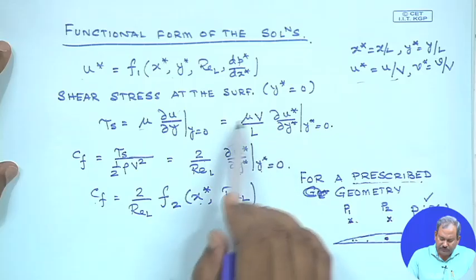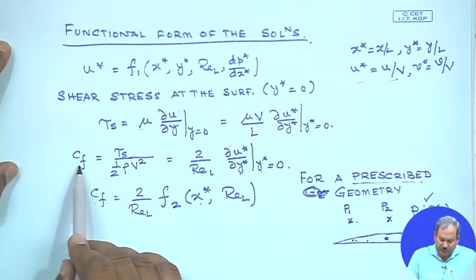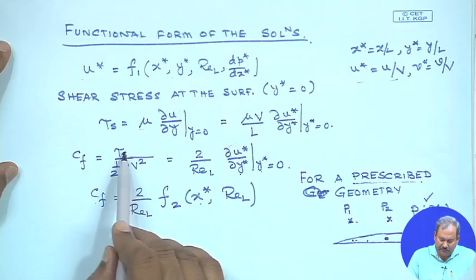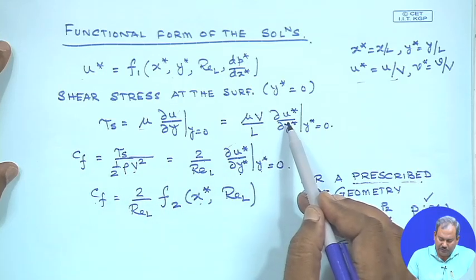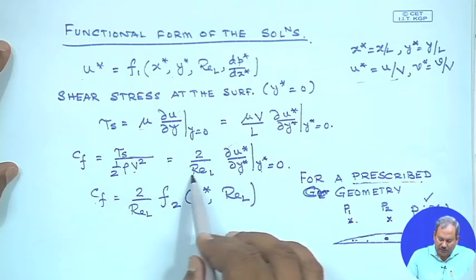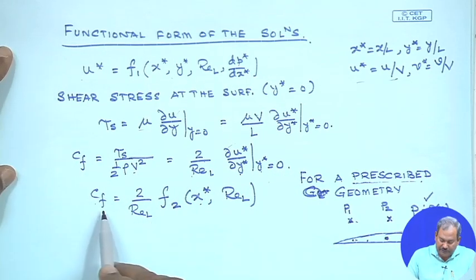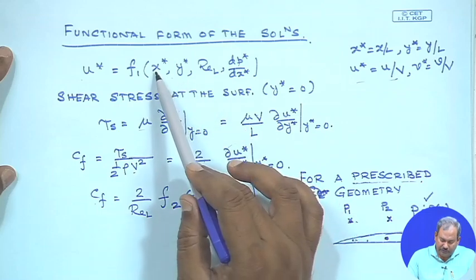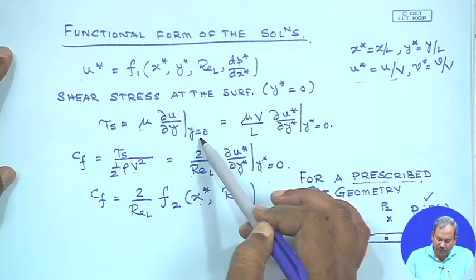And then non-dimensionalizing it, the form of Cf, the friction coefficient, by definition is tau s by half rho v square, and when you put this form of tau s in here, you get the form of the friction coefficient. The friction coefficient would obviously be a function of x star. It will not be a function of y star, since a specific value of y is mentioned here.